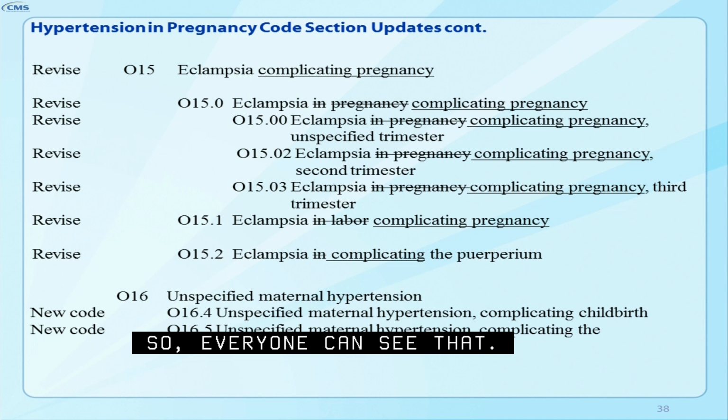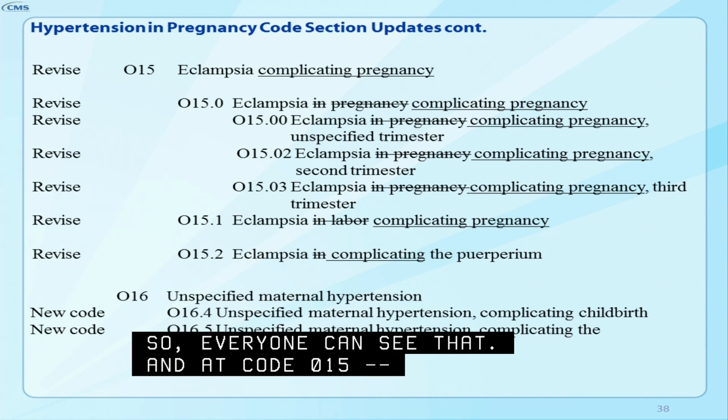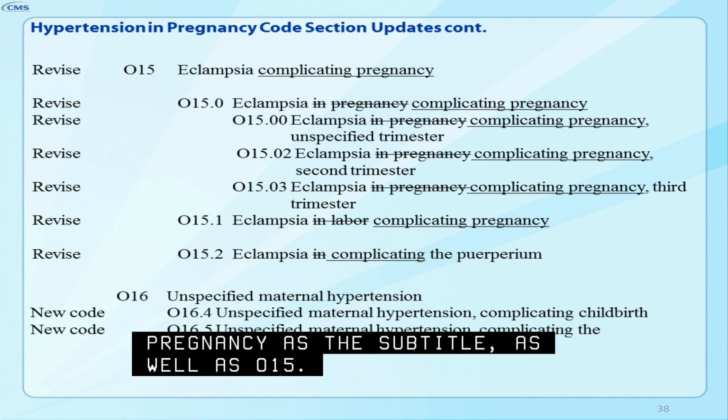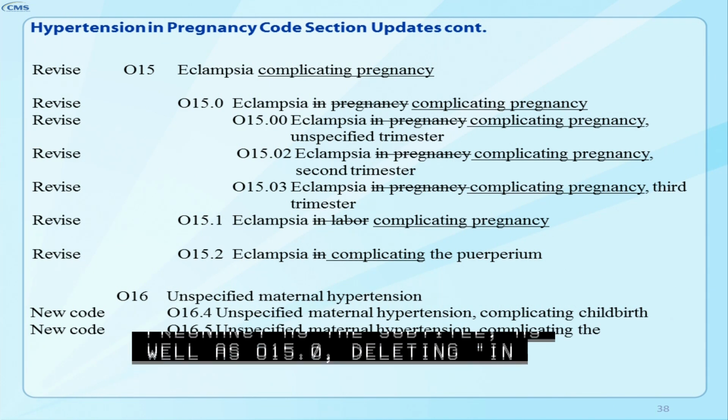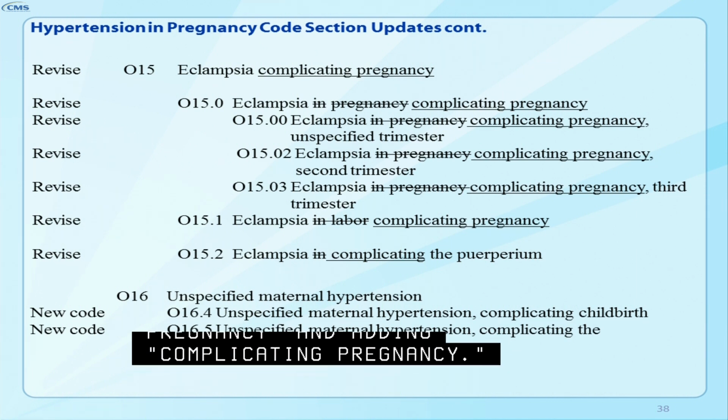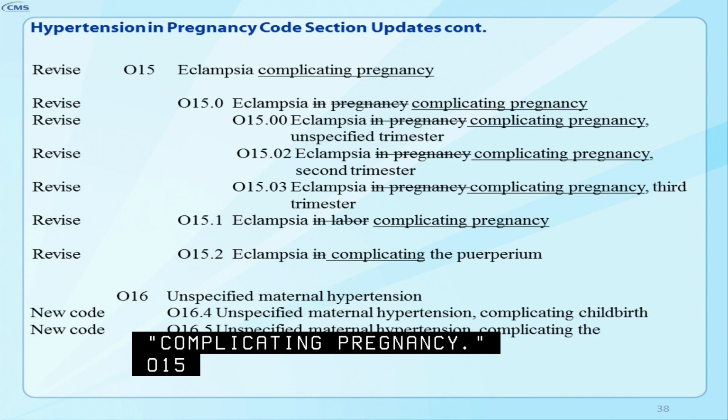And at code O15, they are requesting to add complicating pregnancy to the eclampsia code title, as well as at O15.0, deleting in pregnancy and adding complicating pregnancy. O15.00, deleting in pregnancy and adding complicating pregnancy, unspecified trimester.